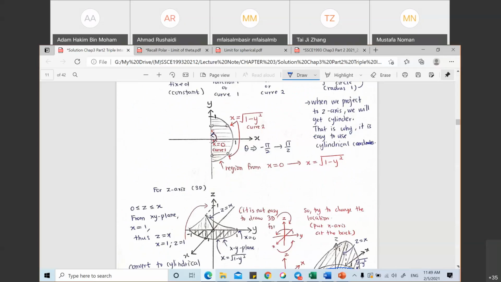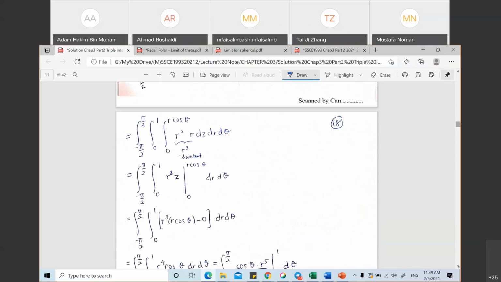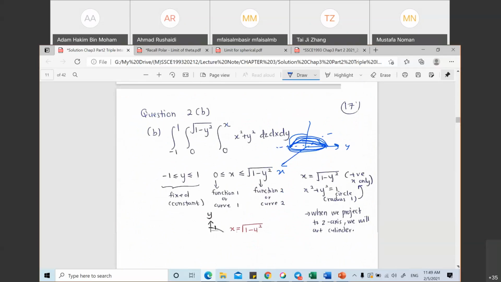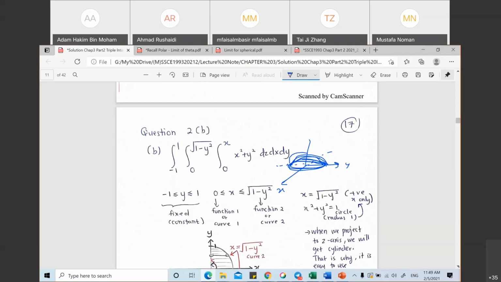I don't understand how you got the circle. Okay, how do I get the circle? See here, your z is from 0 to x, correct? So this is a plane. They will cut the circle later.